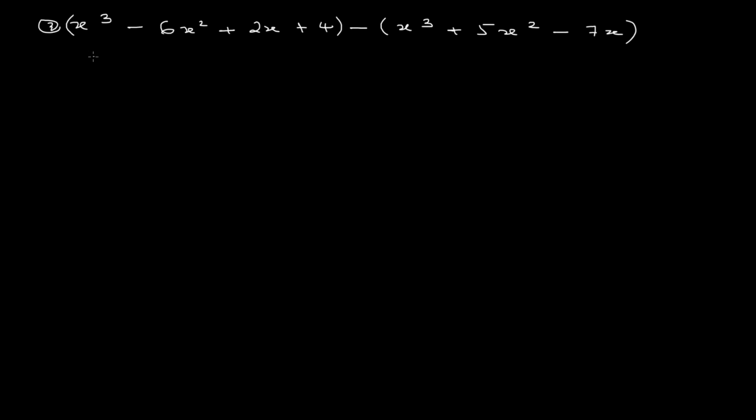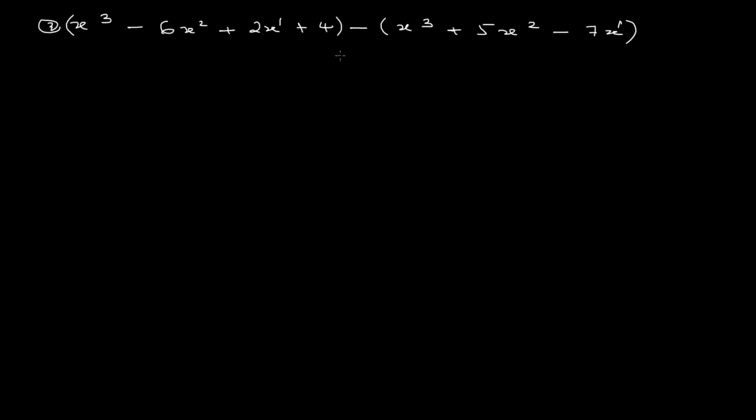Now, here, what we need to focus on is, again, the variables. I'm checking, we've got the same variable, x. Let's look at the powers: 3, 2, 1, 3, 2, 1, okay? Because this is x to the 1, and that's x to the 0.